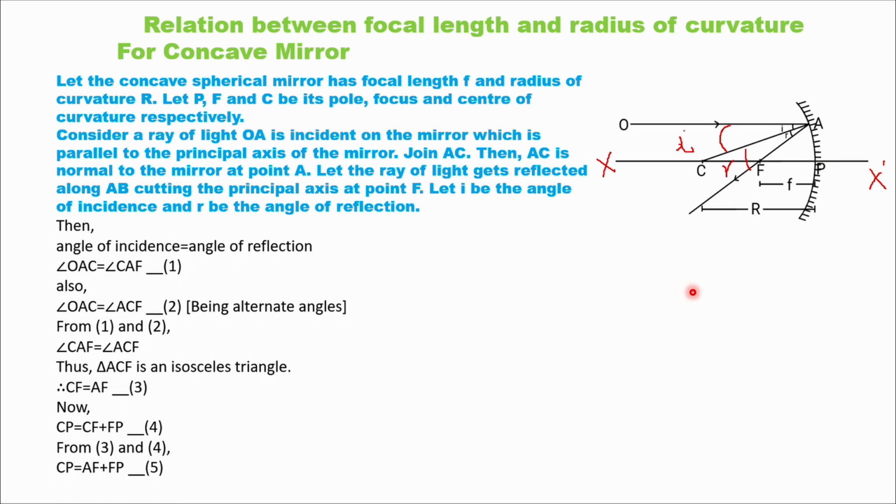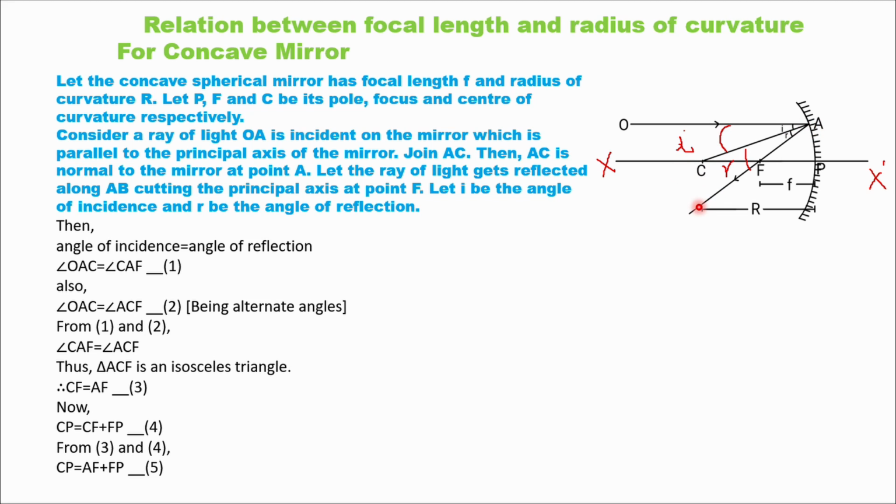So let us consider the first law of reflection. What is the first law of reflection? It says that the angle of incidence is equal to the angle of reflection. See the diagram. I equal to R. What is I?